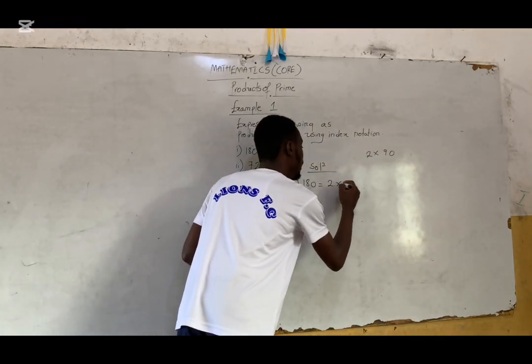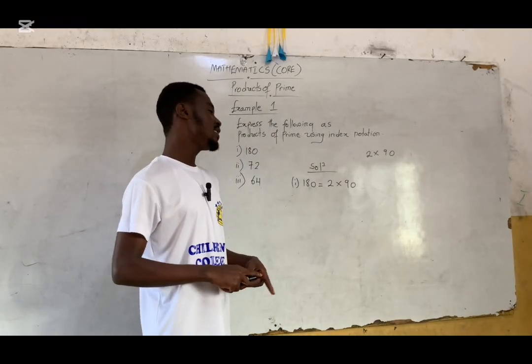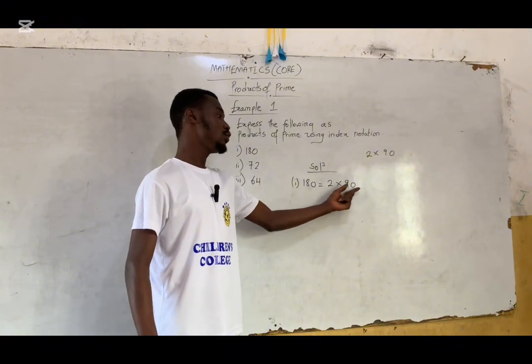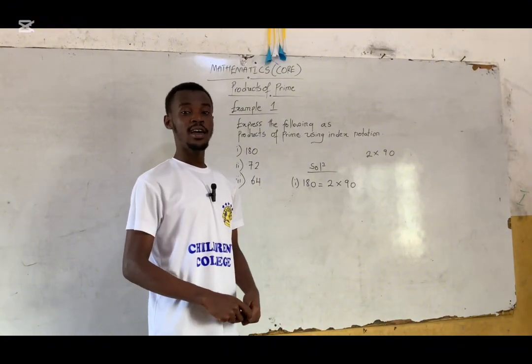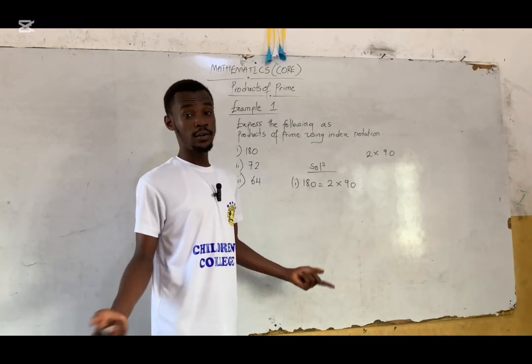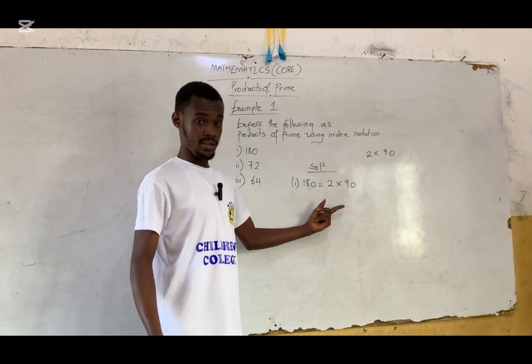So 2 times 90. Now you keep repeating everything you wrote in the previous step until you break down the bigger number into a prime number. We cannot break 2 down. 2 times 1 is 2, that is all. So 2 is our prime number here.